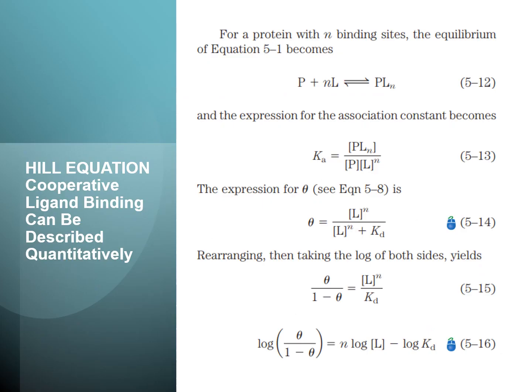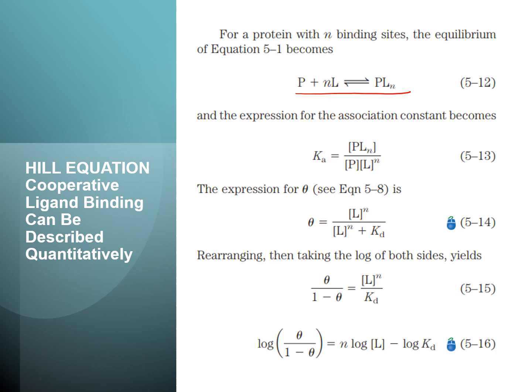Now we're going to turn our attention to the Hill equation, which is a good mathematical and graphical treatment to describe cooperative ligand binding and the nature of cooperativity. If we have multiple binding sites, our equation becomes P plus NL yields PLN.